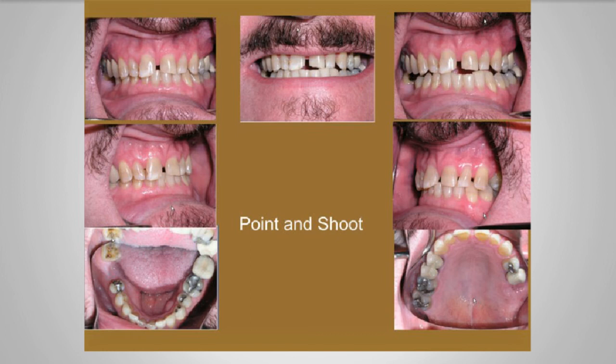In the operatory, we can make these photographs huge. Makes it easier for me to diagnose. I can see things. One of the things that I like to do is make sure I take an open photograph so we can look at the lower anterior teeth, because usually they're hidden in the closed bite.